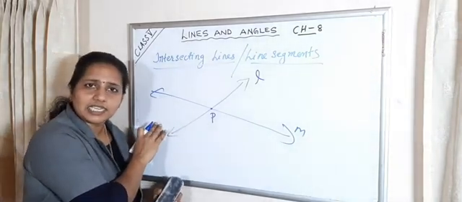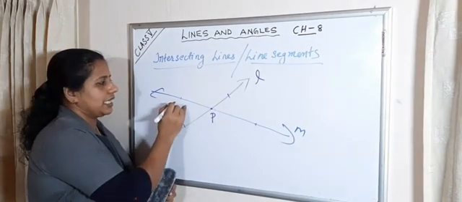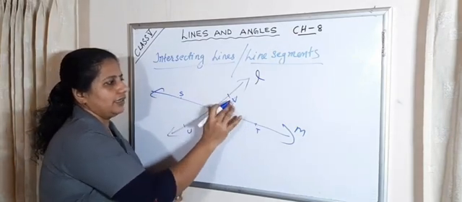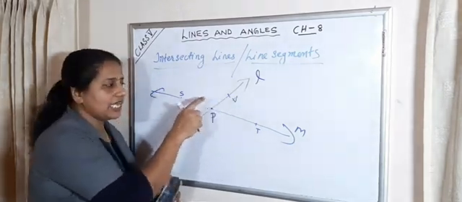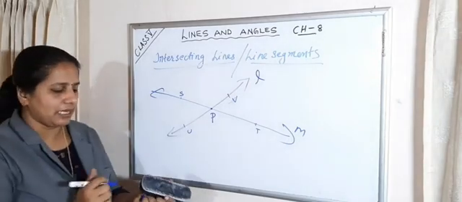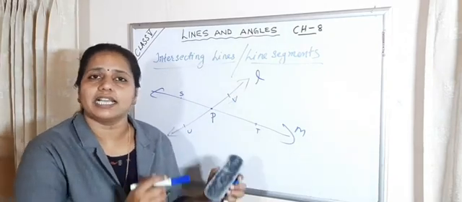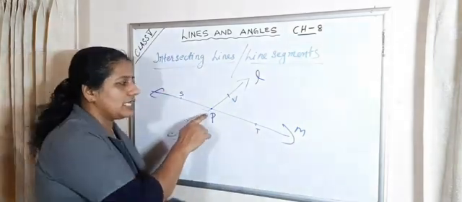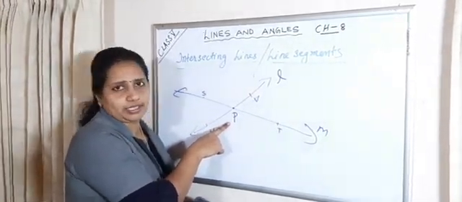When we take line segments ST and UV, we can say these line segments intersect at the point P. Intersecting lines or line segments are when two line segments cross each other, and the meeting point of these lines is called the point of intersection. Clear?